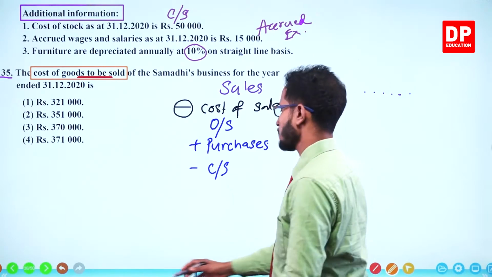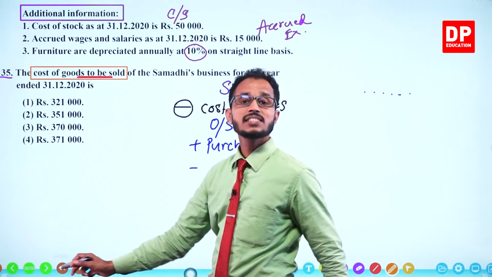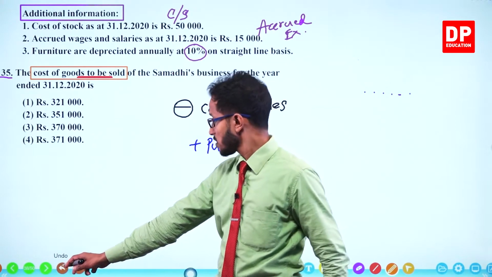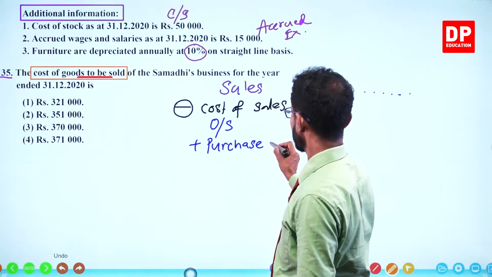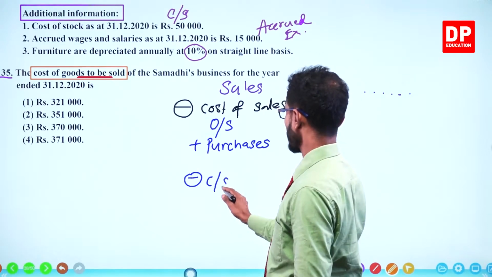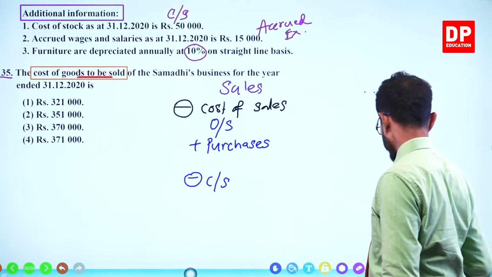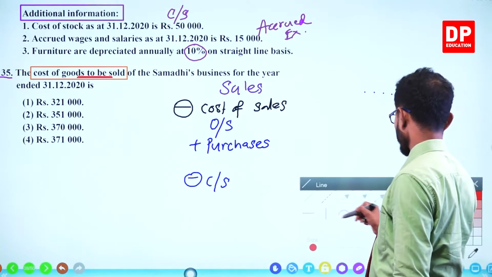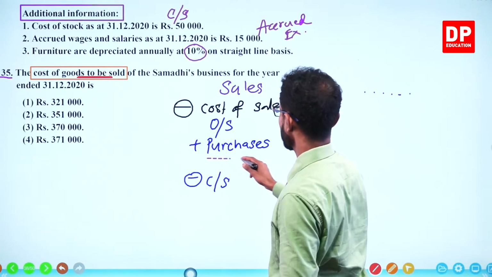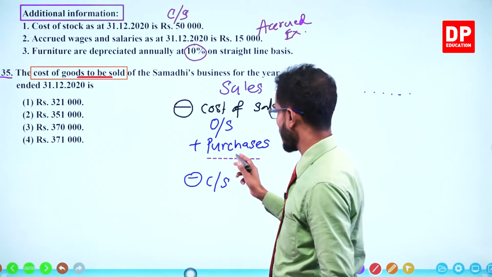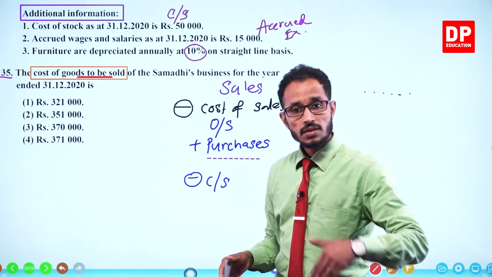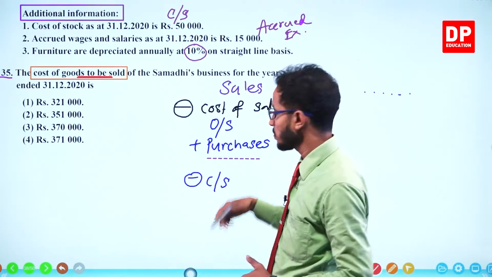If there are any items such as carriage inwards, loading expenses, import duty, you should add them to purchases.